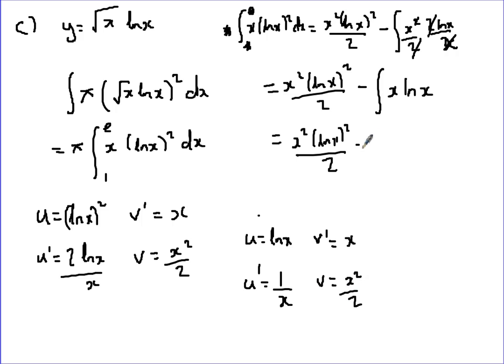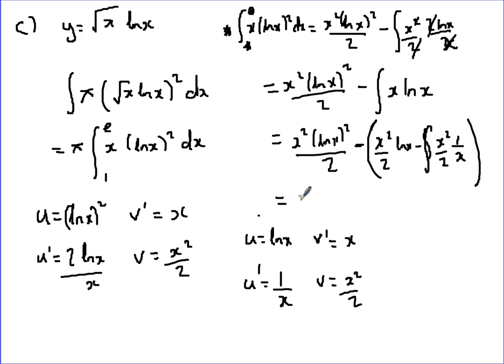So we're then minusing in a bracket uv, so it's that times that, so x squared over 2 ln x, minus the integral there of v, which is x squared over 2, and then u dash, which is 1 over x, and eventually we'll get there.